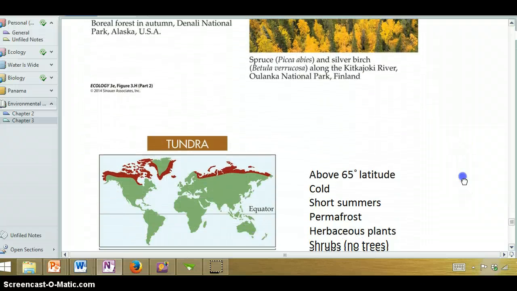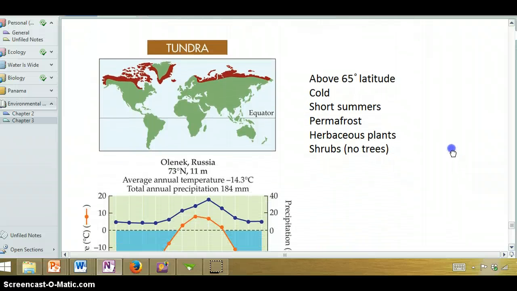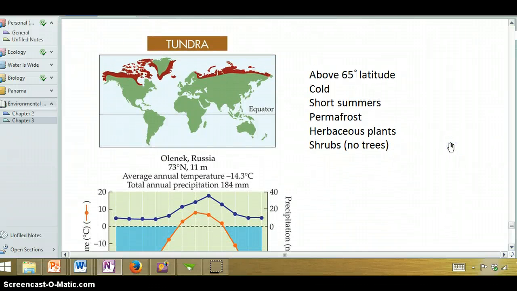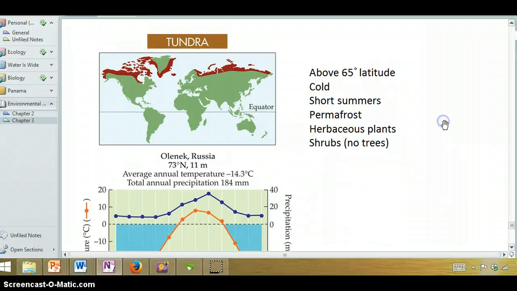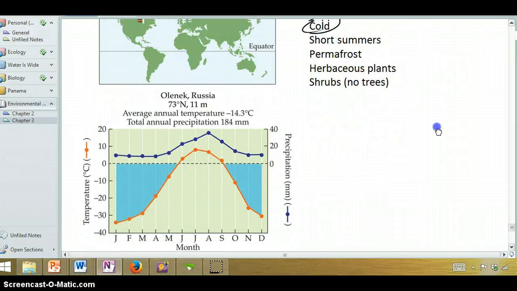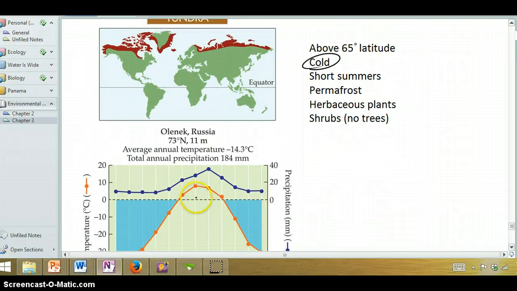All right, when we go even further north, or higher up on a mountain for that matter, we get into what's called tundra, which is cold for the bulk of the year, as you can see on our climate graph here. Their growing season is quite short. They have permafrost, which is permanently frozen ground.